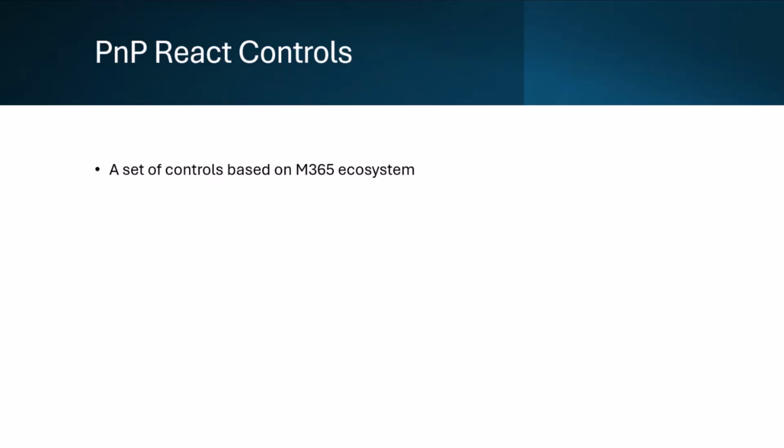There are some controls that you can explore through the context of SharePoint or Teams. For example, the people picker, the dynamic form, the taxonomy picker. There are many of them that rely on the M365 environment.